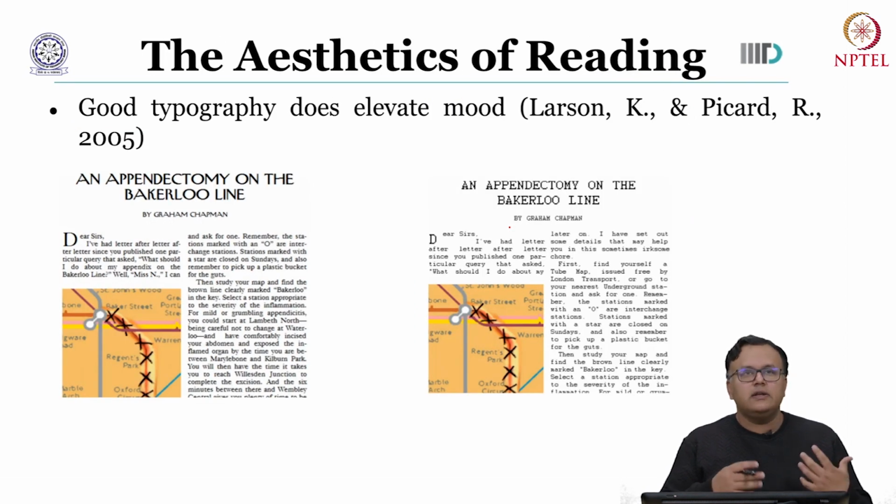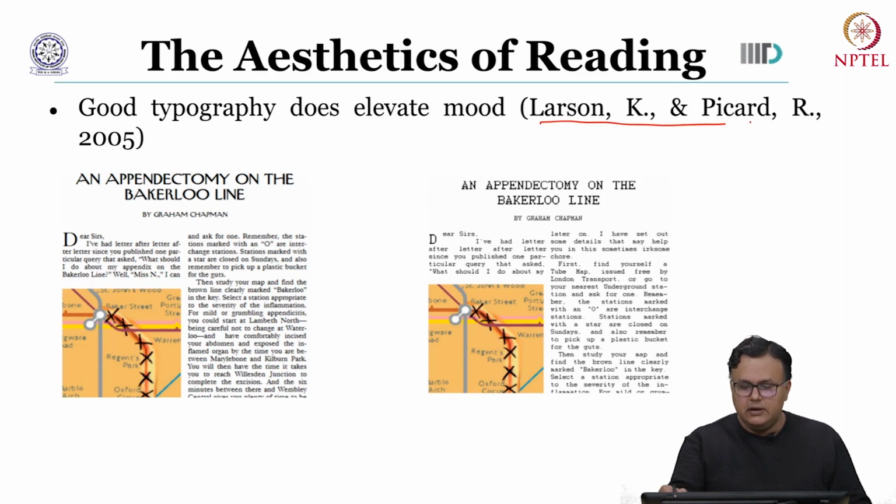Now, let's look at another very relevant, interesting work. Now, in this work, Larsons and Picard, they wanted to understand the aesthetics and its effect on reading. Now, what do we have here? We have two versions of the same text, and if you closely observe, they are in different font styles.